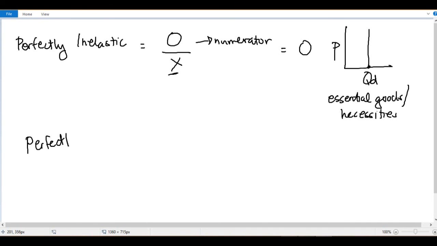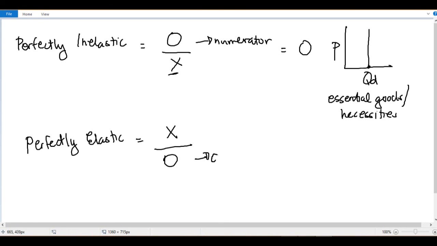Next, perfectly elastic goods. When you compute for them, the numerator is any number greater than 0, let's say 1, 2, 3, 4, 5, 6, 7, 8 point something. Any number more than 0, but the denominator is 0.